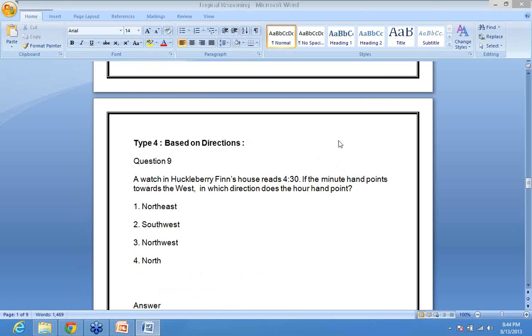Try solving this. You will have to draw the directions. Get me the answer.